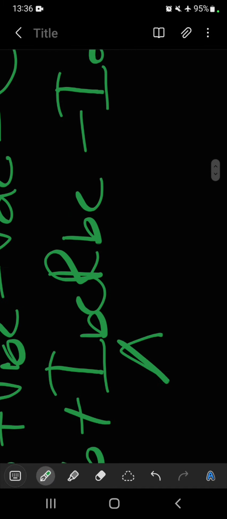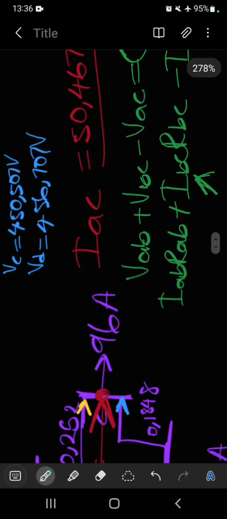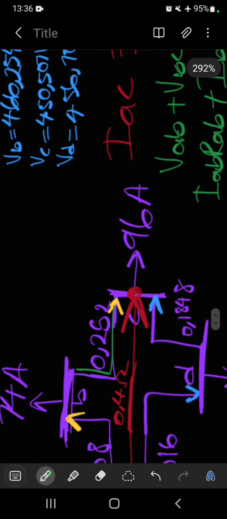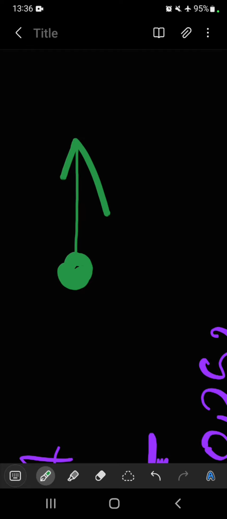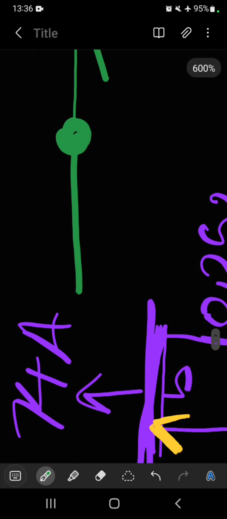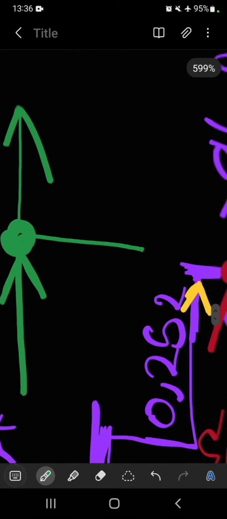Good. So I want to talk about IBC. IBC, applying Kirchhoff's current law, is simply IAB minus IB. Why do I say that? Let me show you again. We have a node which is the bus bar, right? And then IBC is headed in that direction, and then IAB now is entering the point, but IB is leaving the point.